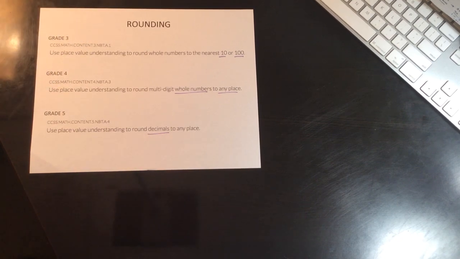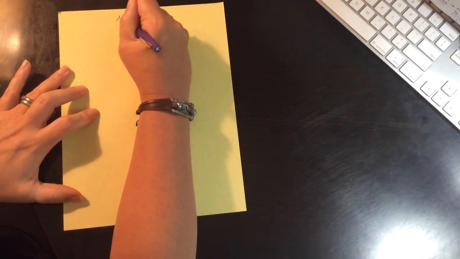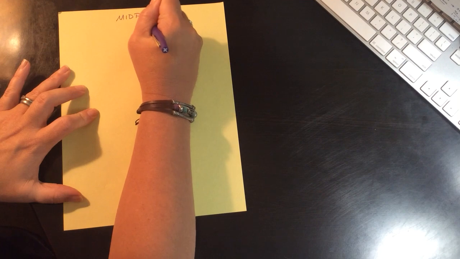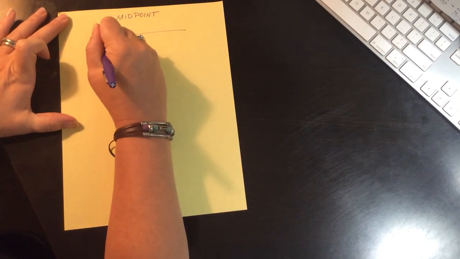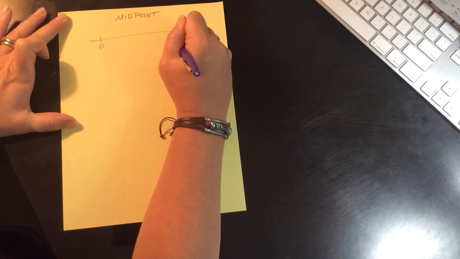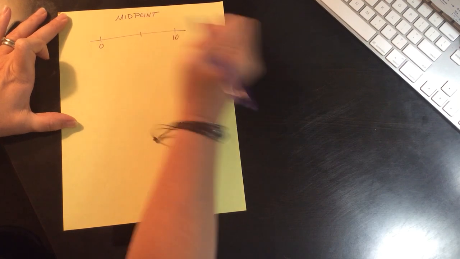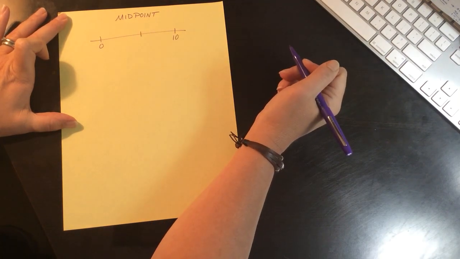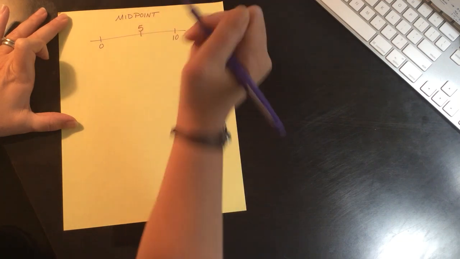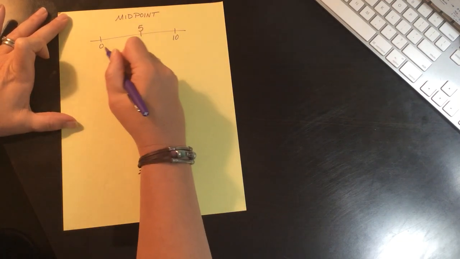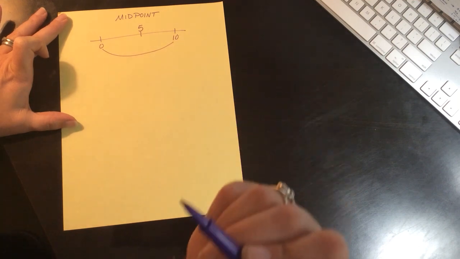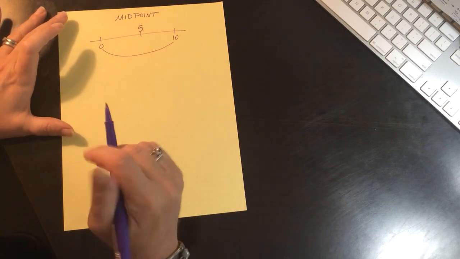All right, so let's take a quick look at some midpoint. So, midpoint. Let's think of it in terms of a number line. If I have a number line that is 0 to 10, what would be halfway? 5. So 5 is the midpoint when I have a space of 10.